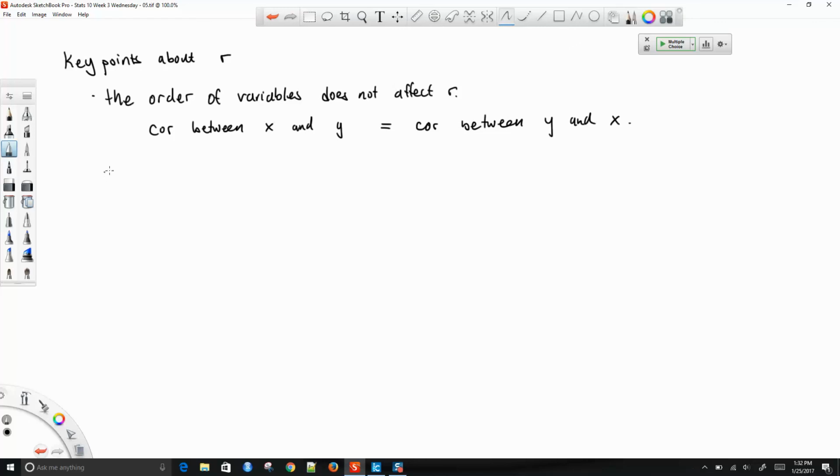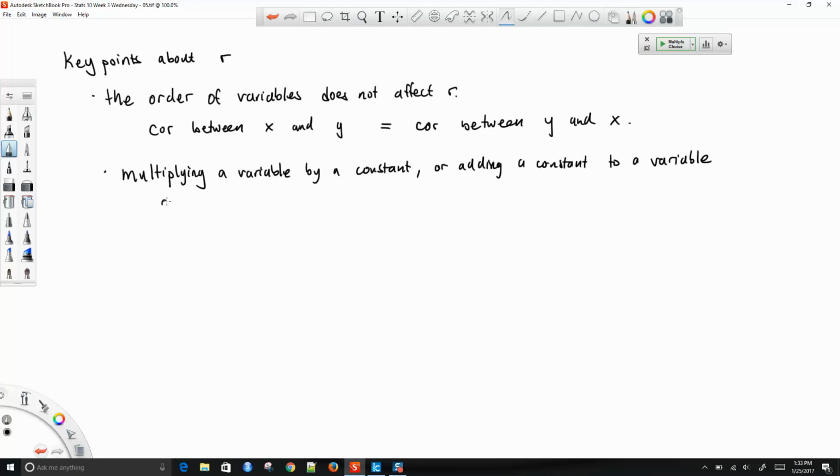Multiplying one of the variables by a constant or adding a constant to a variable also has no effect on r.